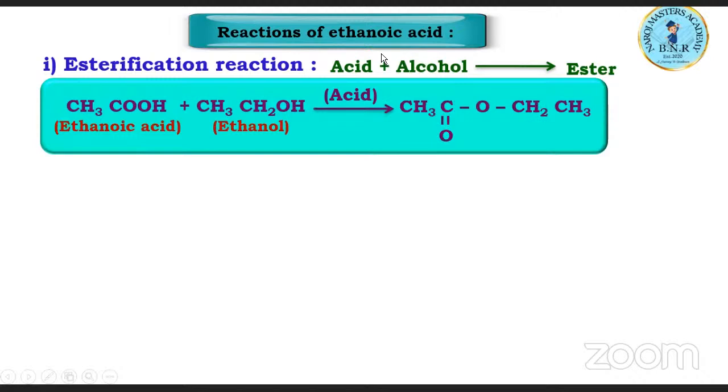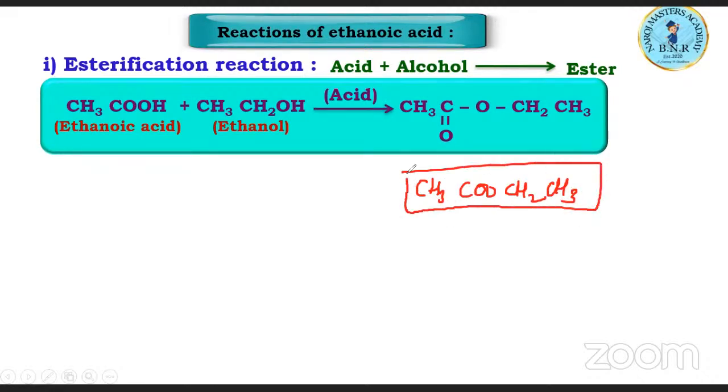May I know the structure of the ester? CH3COOCH2CH3. Now CH2 is there. How many hydrogens are there with this carbon? 2.